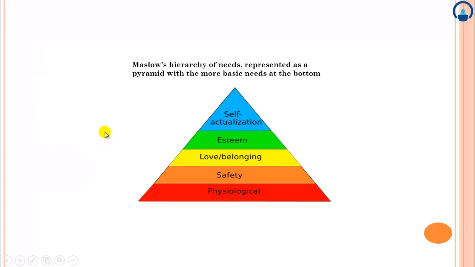Maslow talks about motivation being governed by these need sets, which he presented in a hierarchical form, with the basic needs being the physiological needs. The physiological needs include hunger, thirst, temperature, and sex needs.